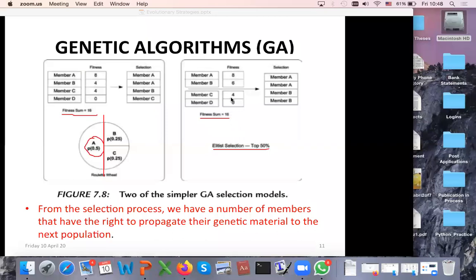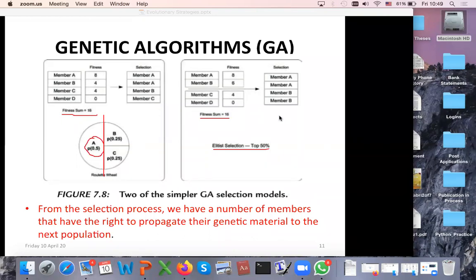So first I am going to cover with 18. 8 divided by 18, what will we get? And for 6 divided by 18, we can calculate it accurately, I can use a calculator.